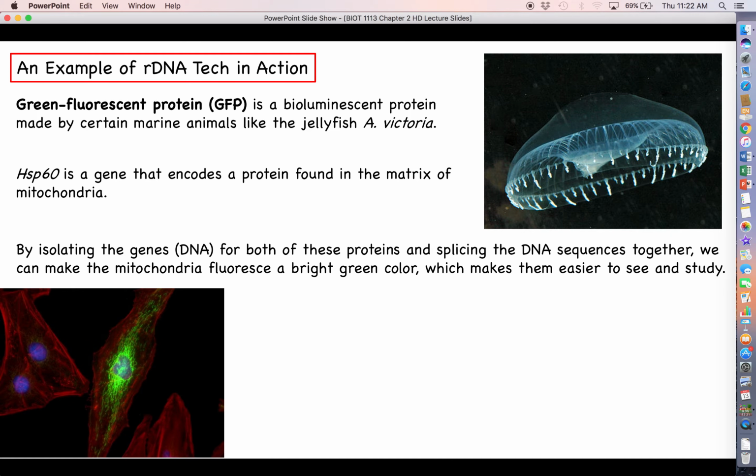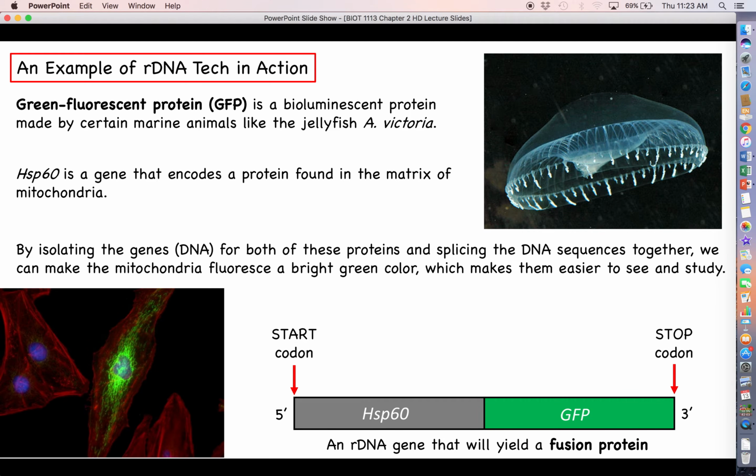If we can isolate the genes for both of these proteins, the gene for GFP and the gene for HSP60, and splice them together, we can make a version of heat shock protein 60, which we know is in the mitochondria, attached to the green fluorescent protein, which is going to make it fluoresce green when we shine blue light on it. This would make the mitochondria much easier to study because we can actually see them and what they are doing.